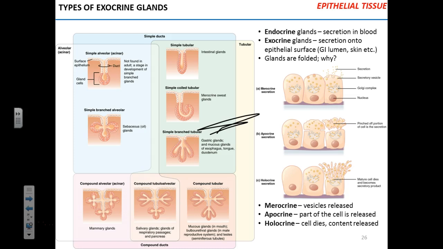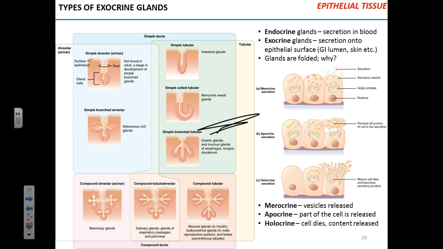Does that make sense? For instance, when your pancreas produces pancreatic juice that enters your intestines, it functions as an exocrine gland. When the same pancreas produces insulin, which gets directly into the blood, it is endocrine.